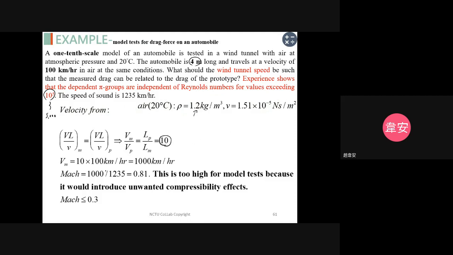And if we compute the Mach number based on this velocity, it is equal to 0.81, which is larger than the threshold of 0.3. So actually the Mach number is too high for a model test because it would introduce unwanted compressibility effects.